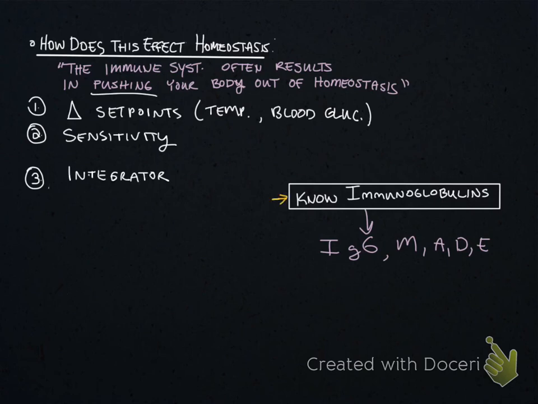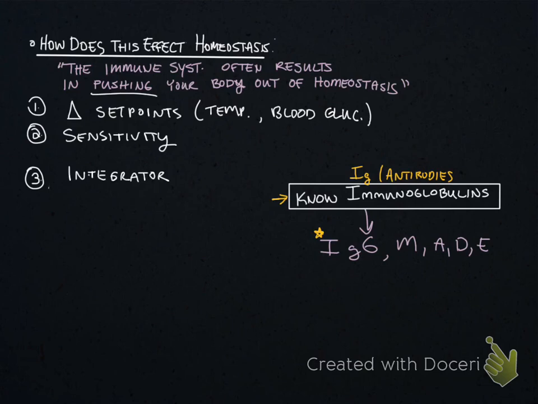Also, I ask that you know your immunoglobulins, your IgGs, which are antibodies. Know each of these and know the function of each of them. IgG is the most abundant in body fluids and protects against bacterial and viral infections.